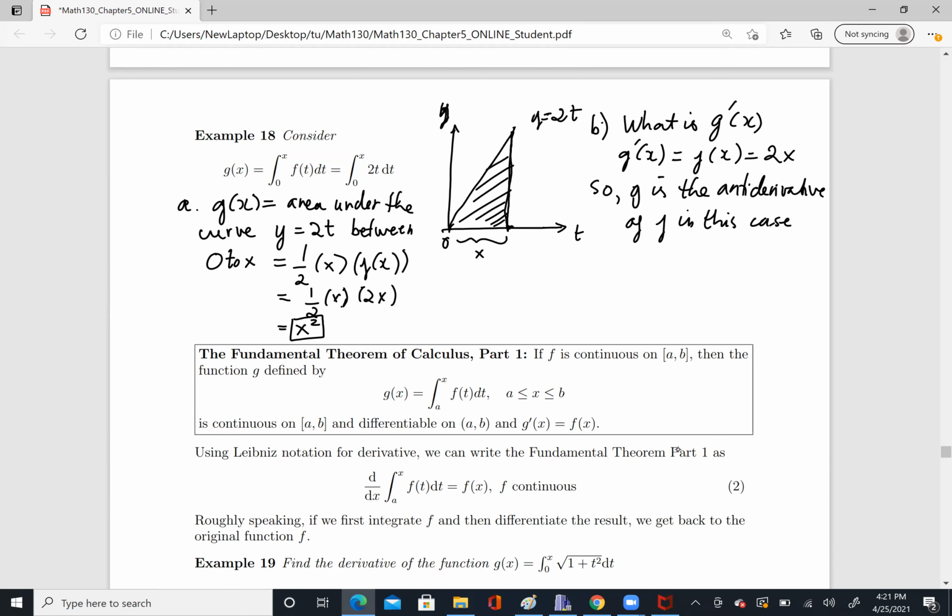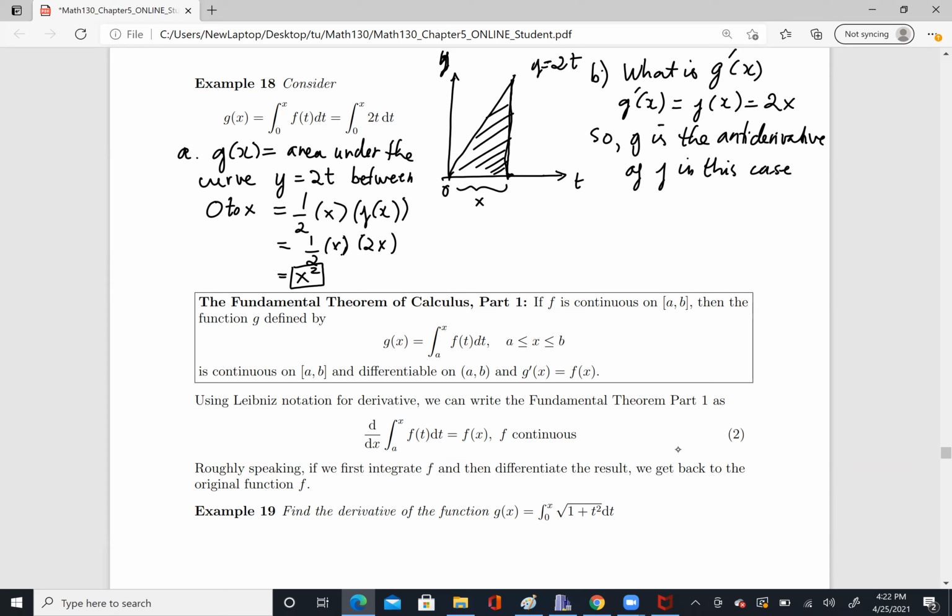So now we're going to have the fundamental theorem of calculus part 1. If f is continuous on a to b, then the function g defined by g of x equal to the integral from a to x of f(t) dt, for x in a to b.